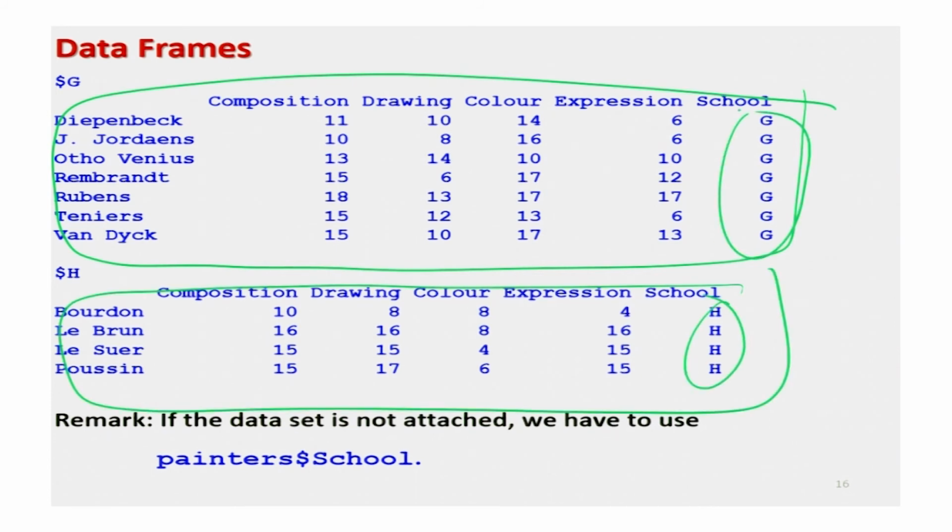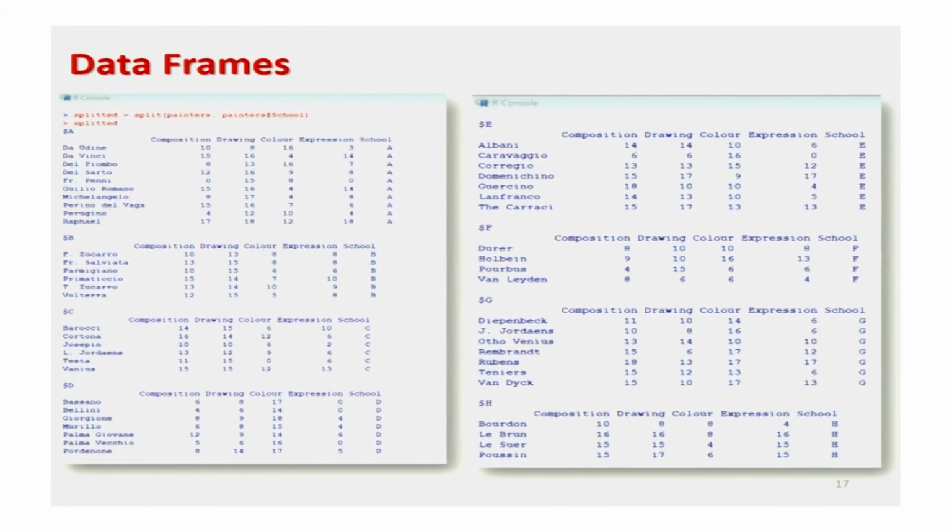If you attach the data frame, you can simply use the variable name, and if you don't attach it, then you have to use the name of the data frame along with the variable. This is how the screenshot will look.